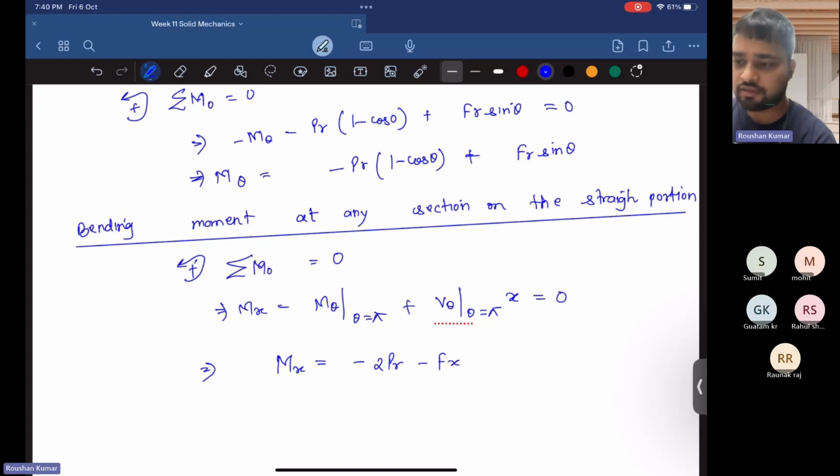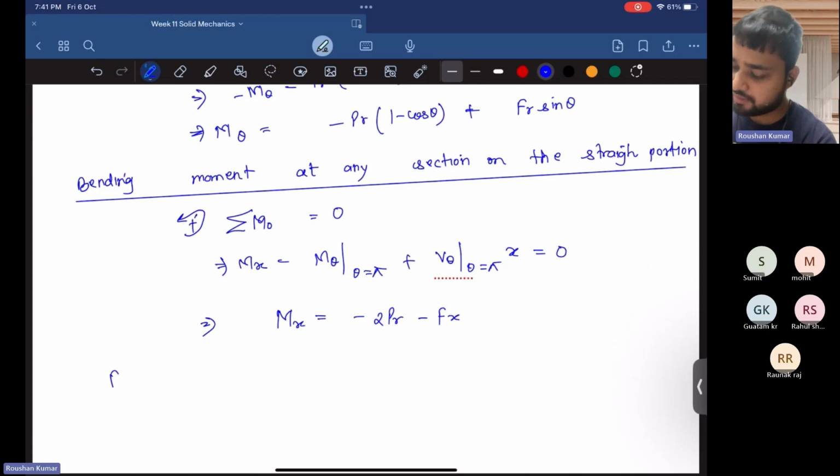After putting theta equal to pi, cos pi is minus 1, so minus 1 minus 1 becomes 2, plus FR sin theta, and sin pi is 0, plus Vx, where V theta at theta equal to pi is F, or minus F into x.